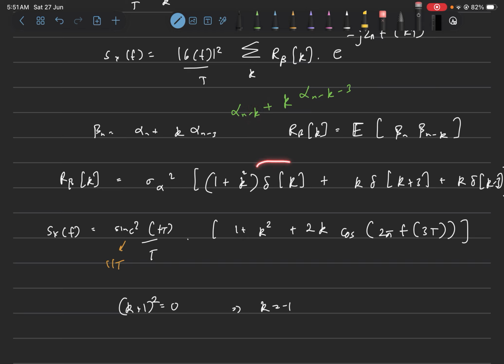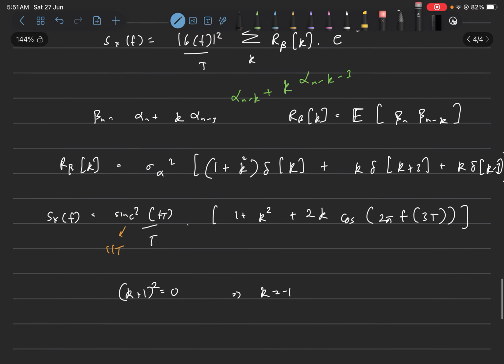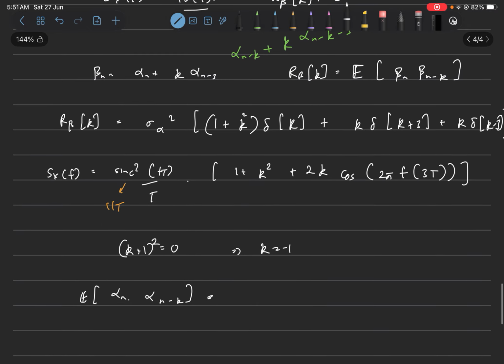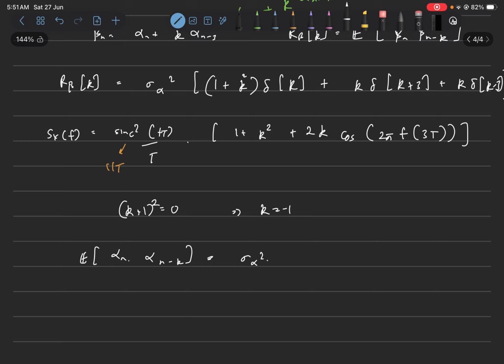So we'll have delta at k, and alpha n and alpha n will have sigma alpha square. So the expectation of alpha n and alpha n minus k will be sigma alpha square times the delay, which will be delta of k.